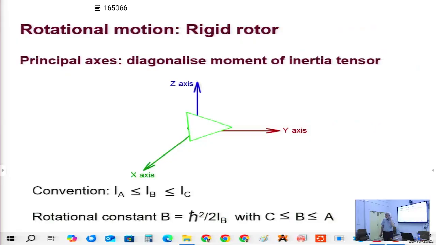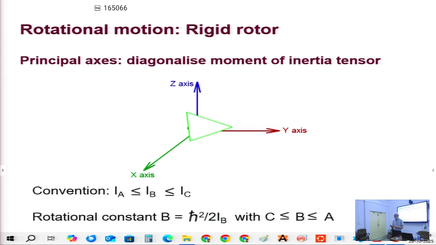So for rotations, we have to start considering moments of inertia. And this is where you have to use principal axes. In principle, you can make a moment of inertia tensor and take the principal axes of these. But in practice, in nearly all cases that you deal with, at least for small molecules, it's pretty obvious where the principal axes are.